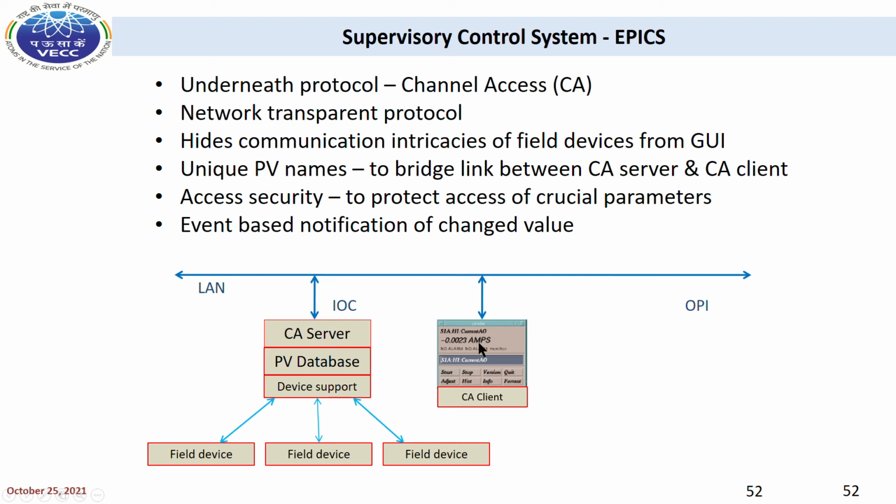The IOC host gives several beacon signals, periodically sent, to announce its PV availability. Clients use this beacon signal to start a connection or to restore a lost connection.